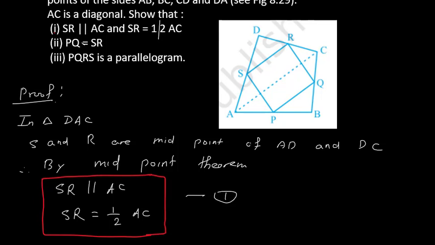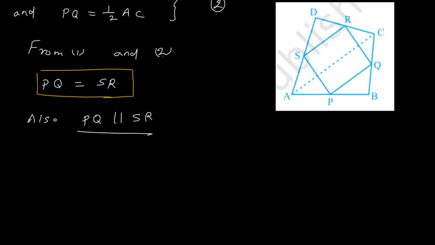So instead of proving that, here we have already proved that PQ is equal to SR and they are parallel. So PQRS becomes a parallelogram. Directly, as these two statements are written, therefore PQRS is a parallelogram.